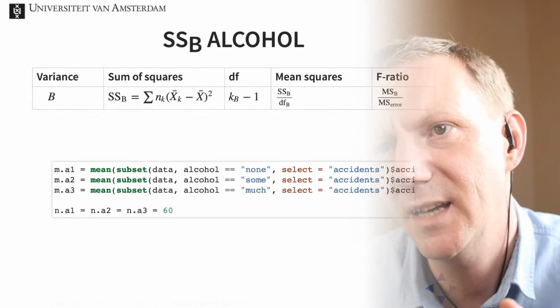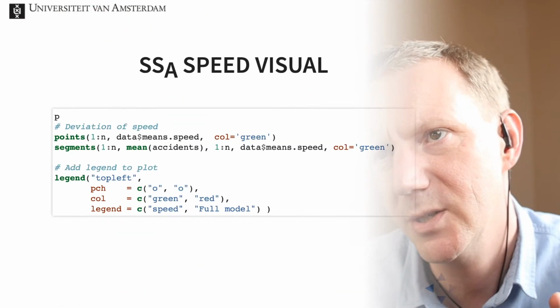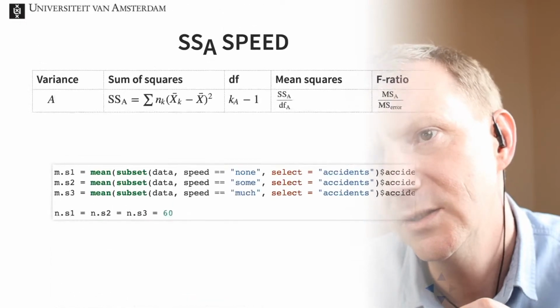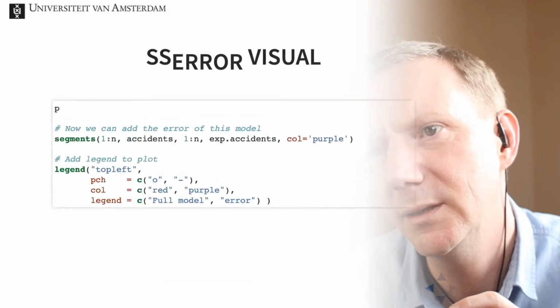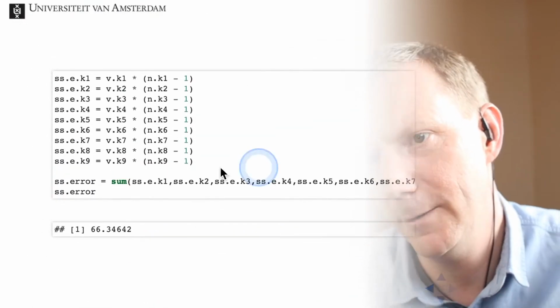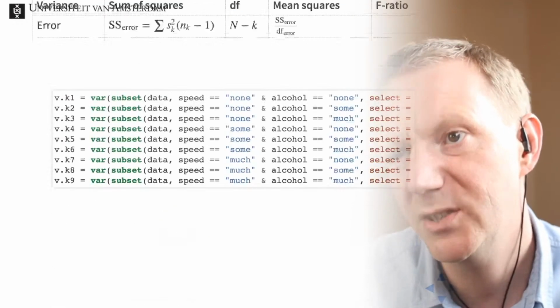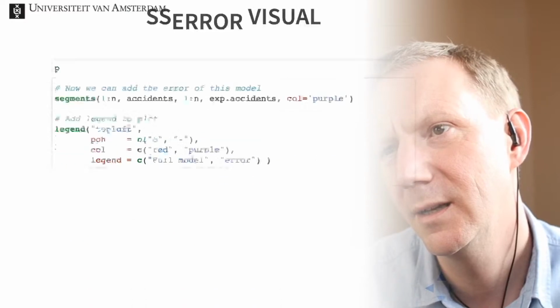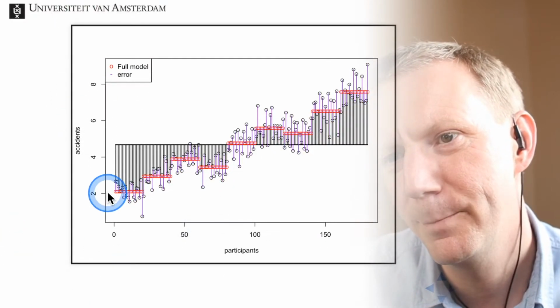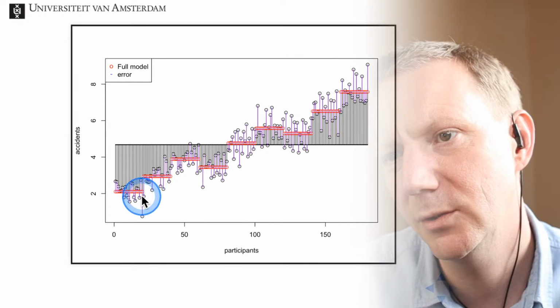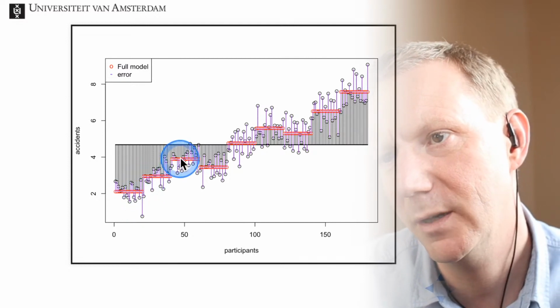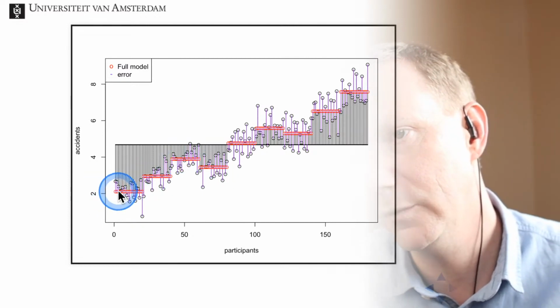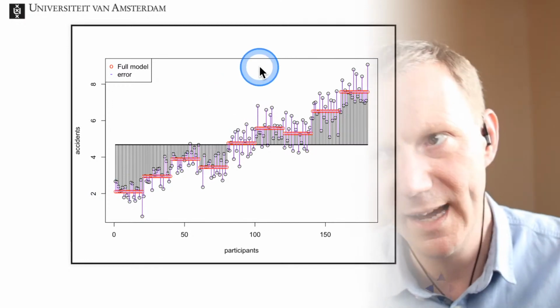Oh, we did it after we calculated the sums of squares for the model. So it would be this one, yeah, 66, and that was visually the deviation of all the actual scores to the specific group means. So all the purple vertical lines squared and added.